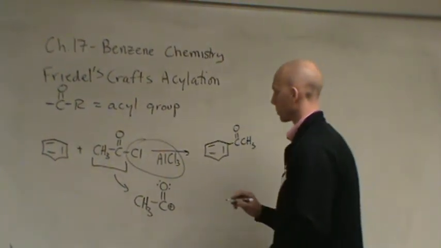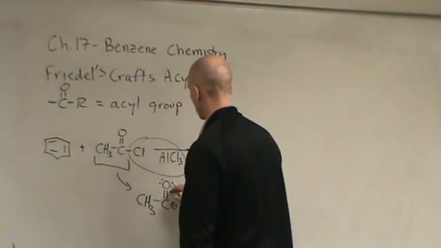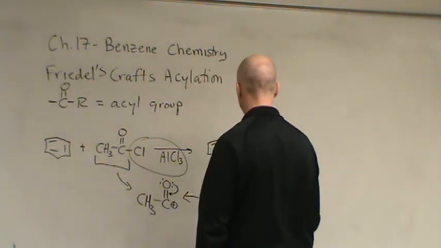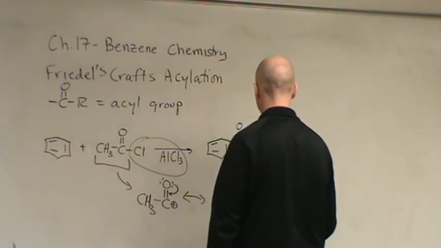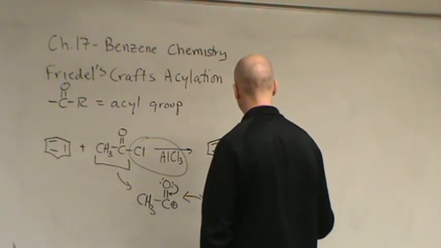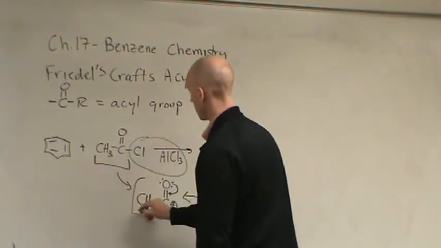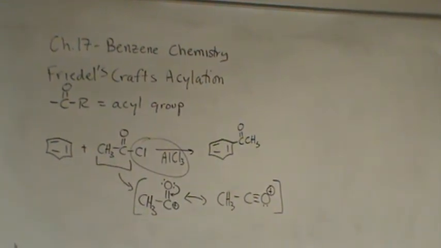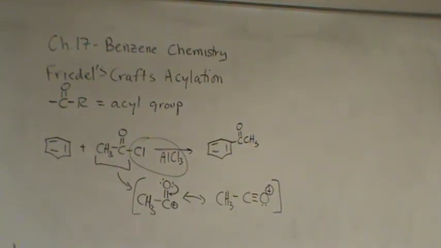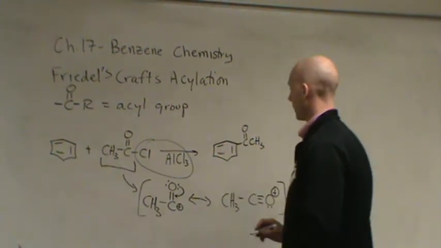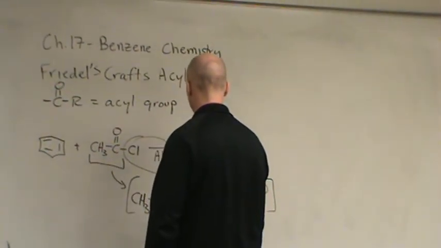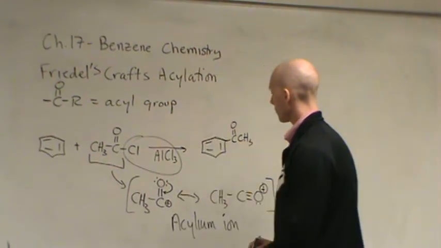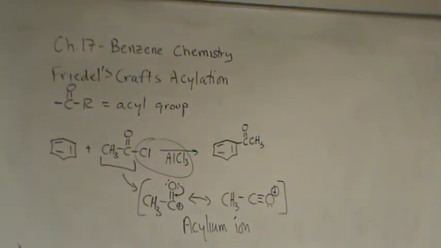One of the things about this one is we can draw a resonance structure, so this gives some extra stability to the positive charge. And these two resonance structures make up what's called the acylium ion.